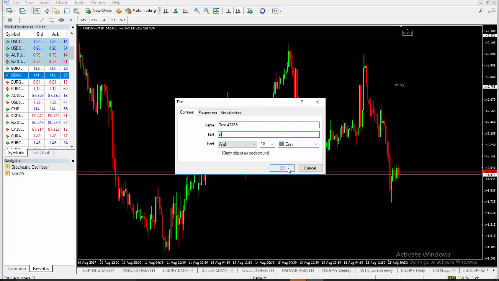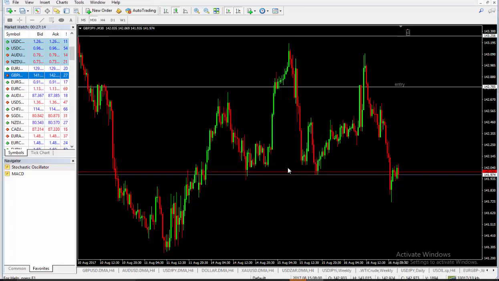Remember, this is for beginners, right? This is basic things that you should know: risk management, how to calculate your stop loss properly. Just basics.